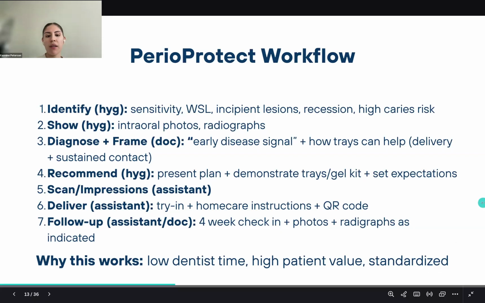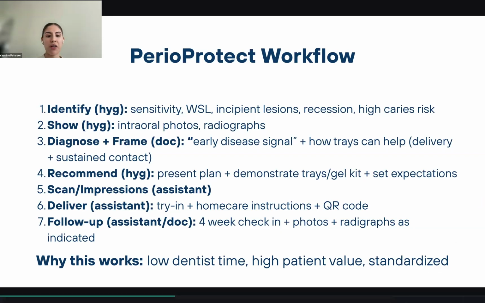But why this works so well, like I said earlier, is it takes very little time from the actual doctor, where the team can pretty much do this for you. And as long as everyone is saying the same thing, it becomes really standardized. The patient is going to find it really easy to use at home.